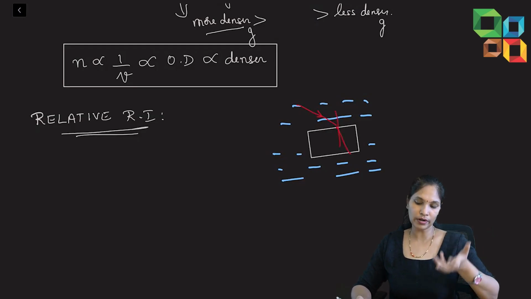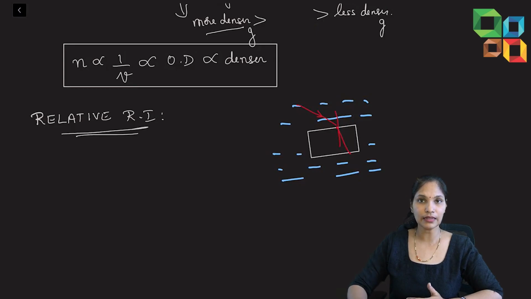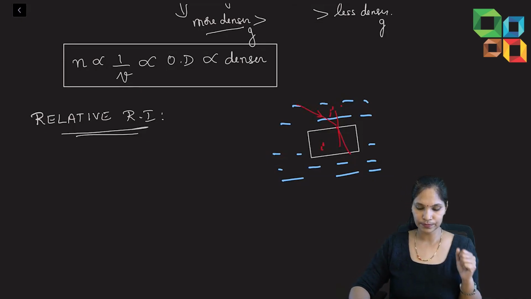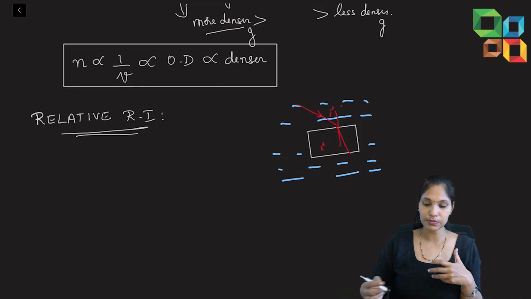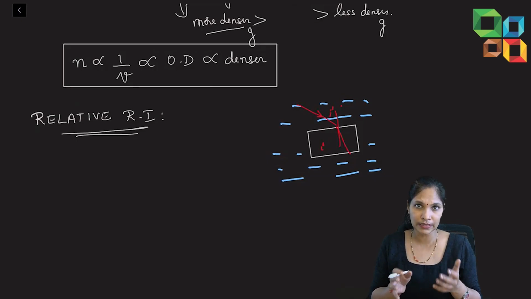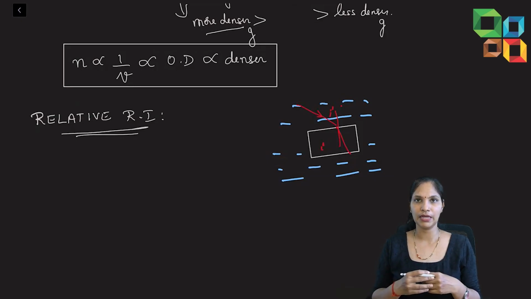So what exactly happens? To understand that, you should know which is more denser and which is less denser, right? When you compare these two media, we already saw which is more dense. But relative refractive index also helps us here, because it's not in comparison with air, and air will not always be there. Such situations you can also come across.